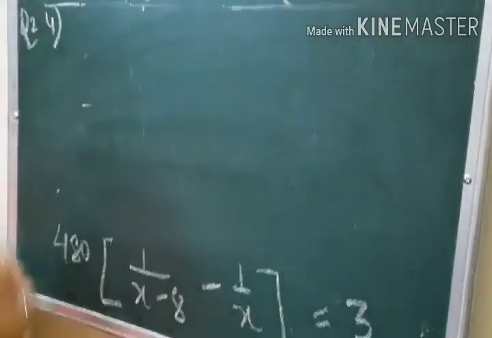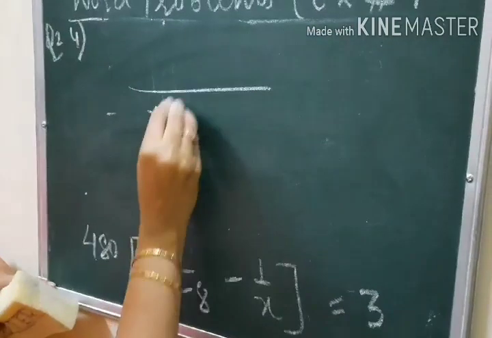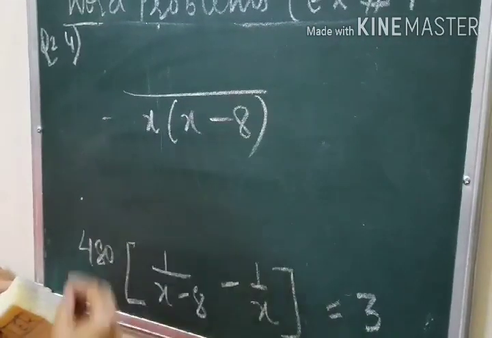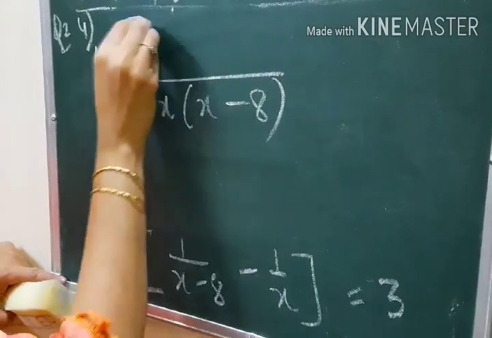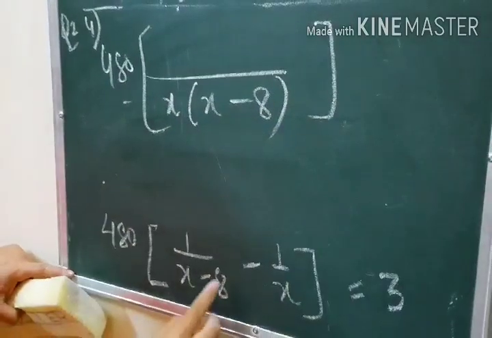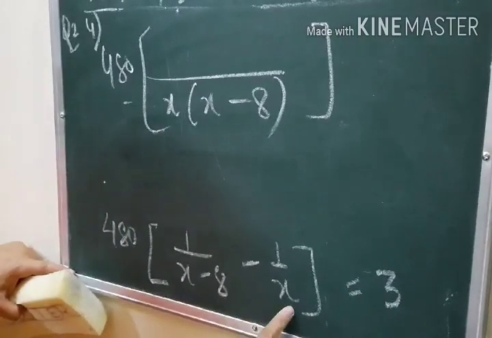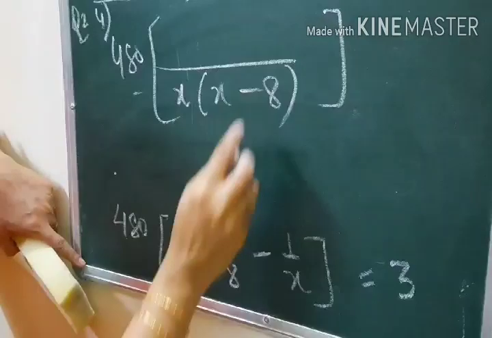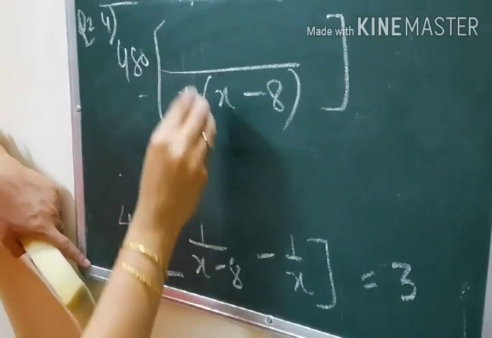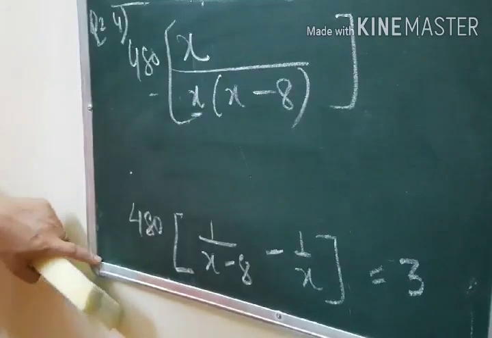Now take the LCM. It is x into x minus 8. Okay? And 480 I am keeping outside only. For LCM I have taken both the terms. Now x minus 8, when it is divided by LCM, you will be left with only x. So x into 1 is x.